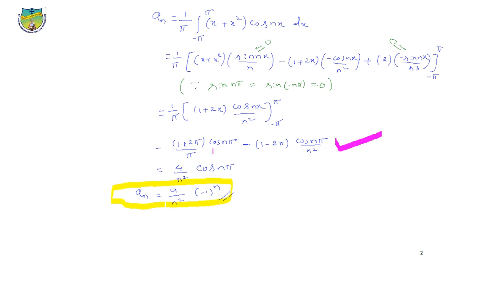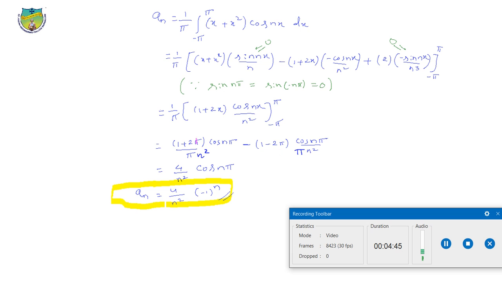Then simplification of this term. Actually here, if you observe, you will get 2 pi by pi into cos n pi, again minus of minus, plus 2 pi cos n pi. So we get 4 cos n pi by n square, but cos n pi is minus 1 power n. Therefore, the an value is 4 by n square into minus 1 power n.